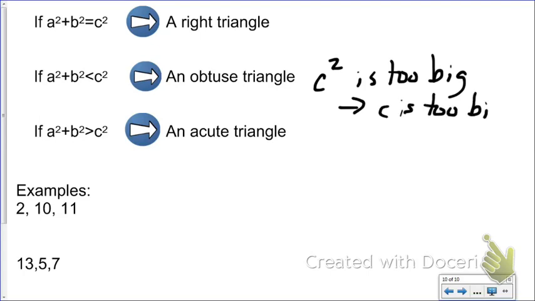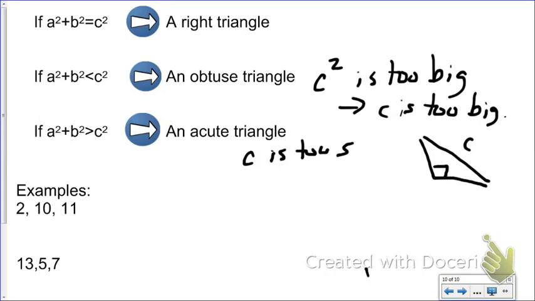If you think of a triangle where the c is too big to be a right triangle, it's going to look something like this, where the c side is too big for it to be a right triangle. So that's the way I always remember that when the c squared is too big, that must mean obtuse. And for the acute triangle, that is when the c is too small. Okay, so let's try a couple.